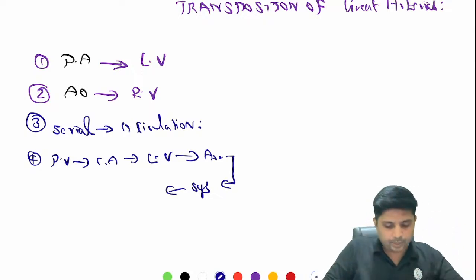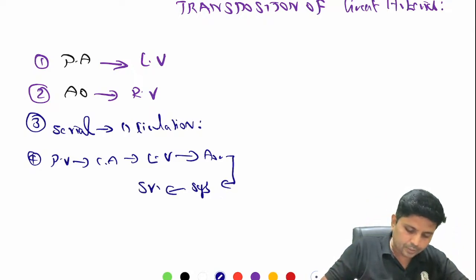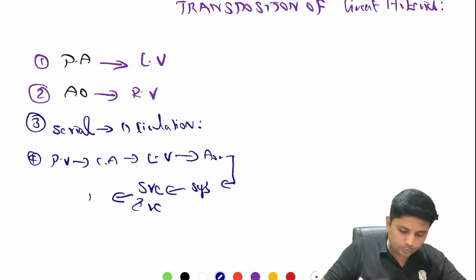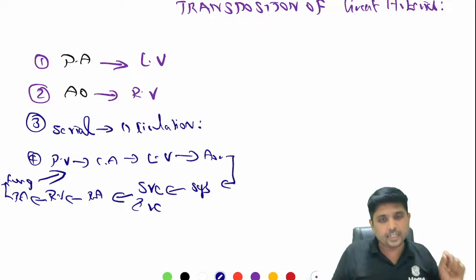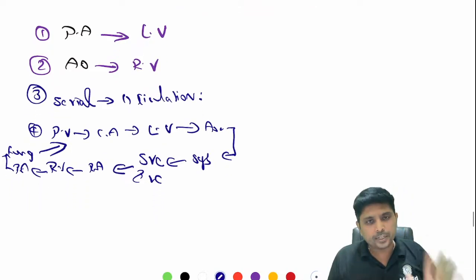Then deoxygenated blood from SVC and IVC drains into right atrium, then right ventricle, then pulmonary artery to lungs and then lungs to pulmonary vein. This is called serial circulation.